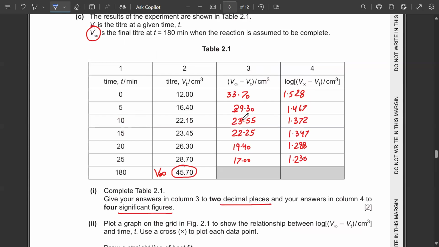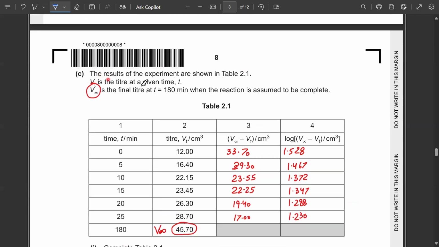Now, why is the difference less? Because the VT value, which is the titer value at a particular time, should be more. The value of VT has increased exponentially, anomalously. That's why we find this difference less. VT was the titer at a given time.